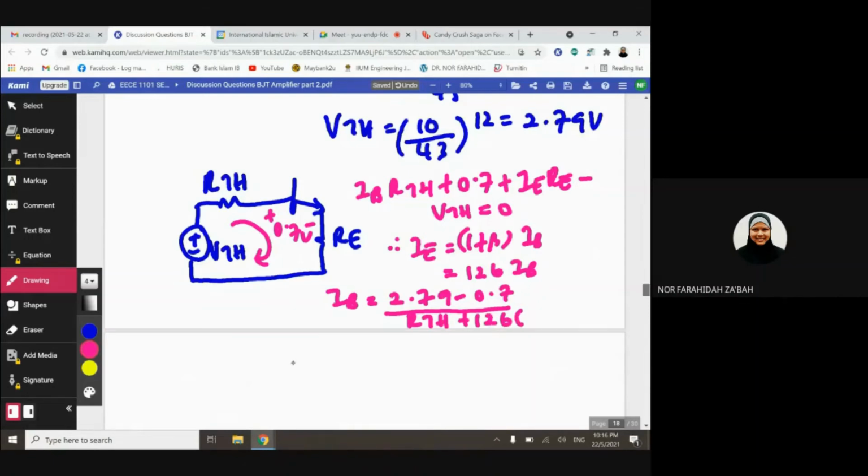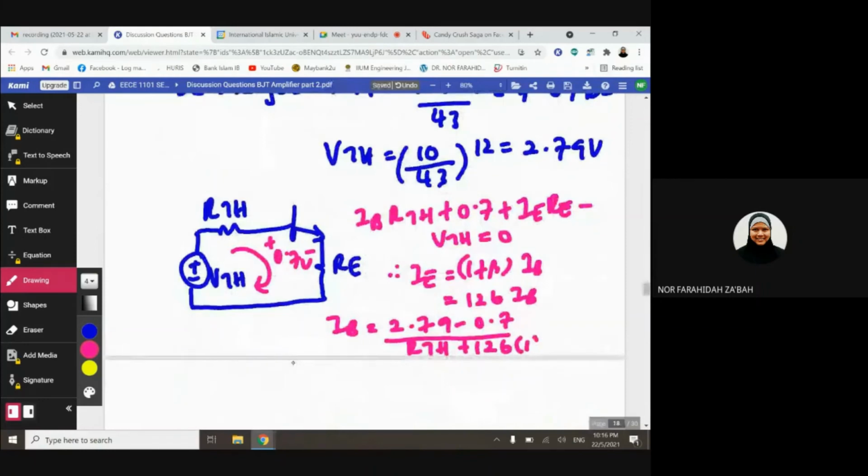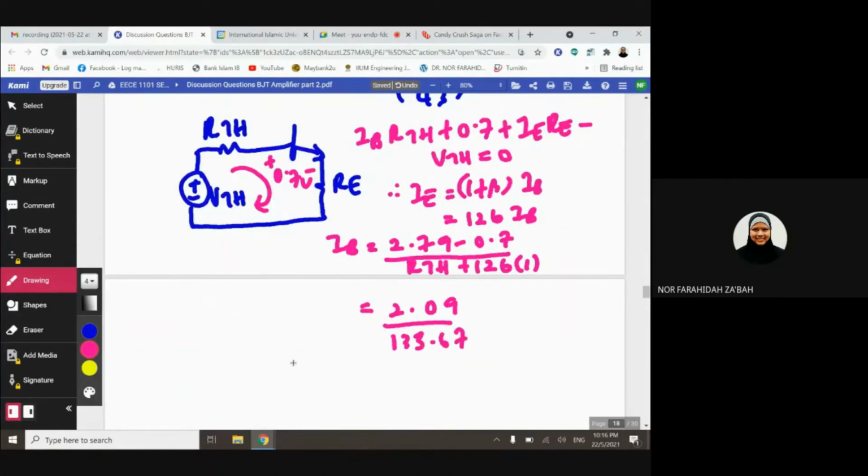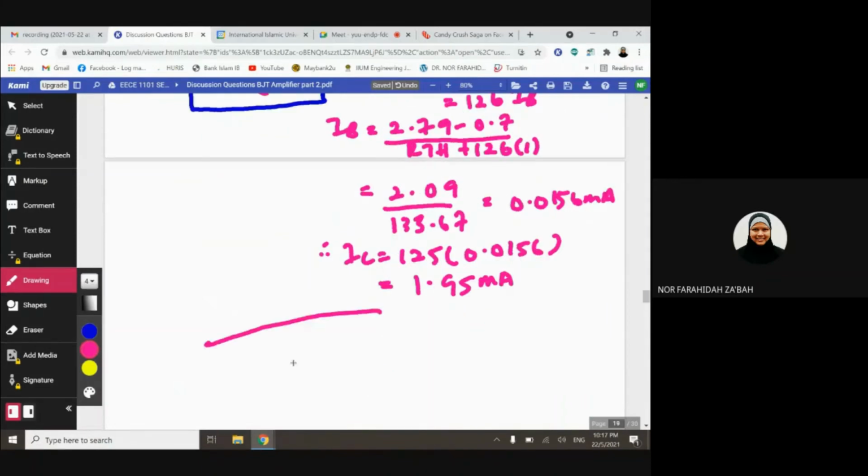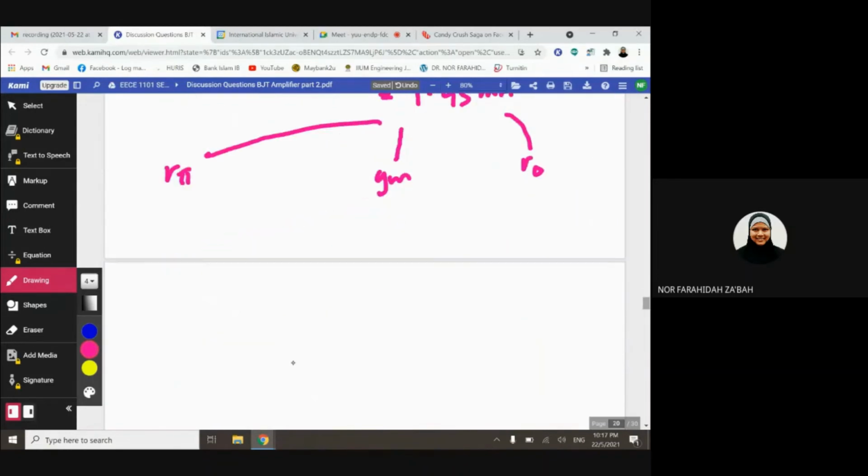What is my RE? 1 kilo ohm, so no problem. So 2.09 over 133.67 equivalent to 0.0156 milliampere. So IC equivalent to 125 multiplied with 0.0156, which is 1.95 milliampere. Okay, so let's find your R pi, GM, and R naught.